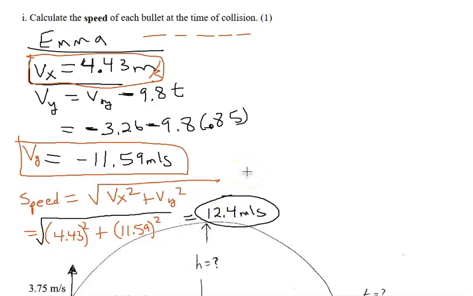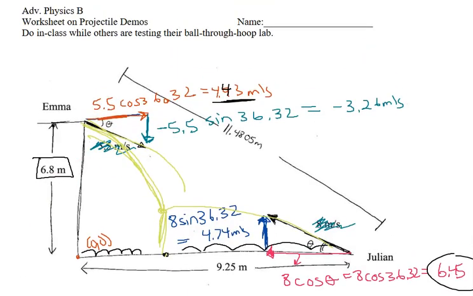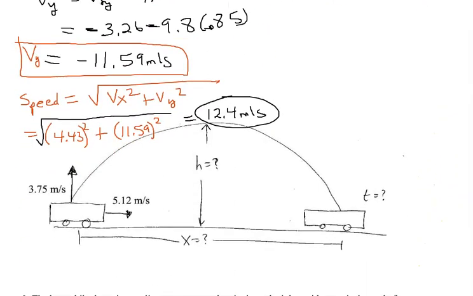Okay, so again, check your work. The initial speed of Emma was 5.5 meters per second. And since it was speeding up, because y velocity was negative and gravity was negative, her impact speed better be more than 5.5, because it's speeding up.